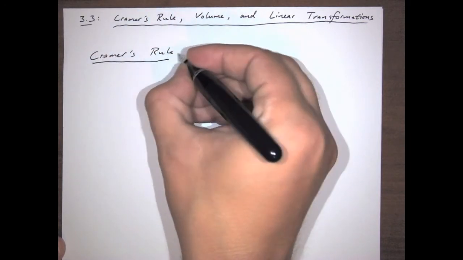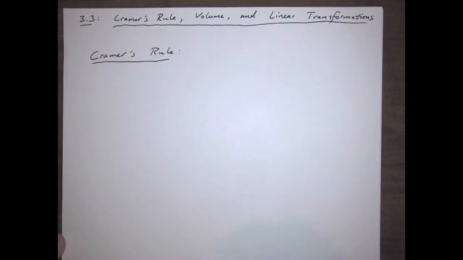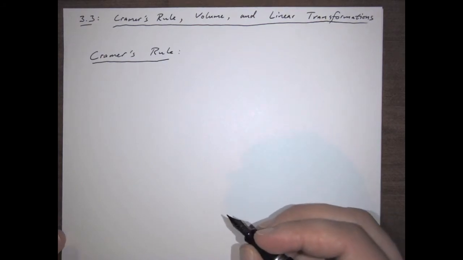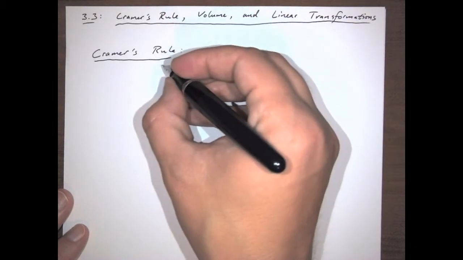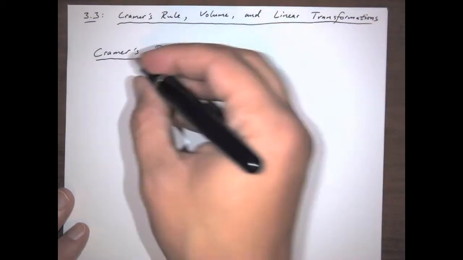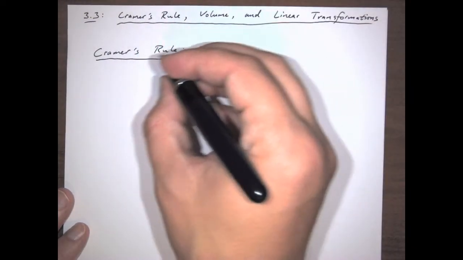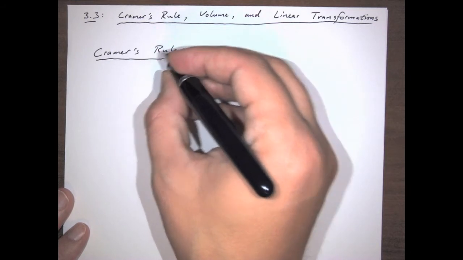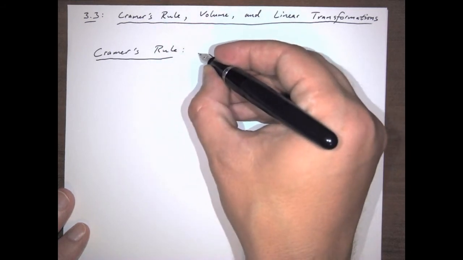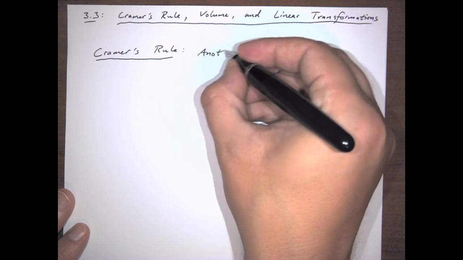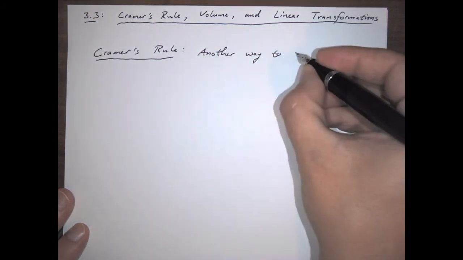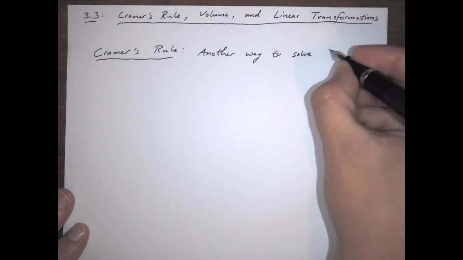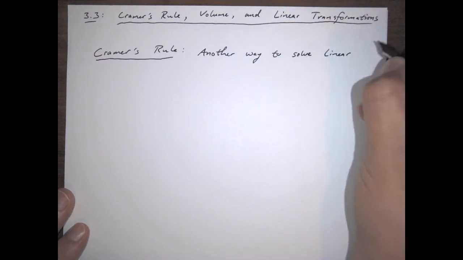So this is a specific way that you can find solutions to a linear equation or system of linear equations, and in particular, it is useful in very specific contexts. So this is another way to solve linear systems.